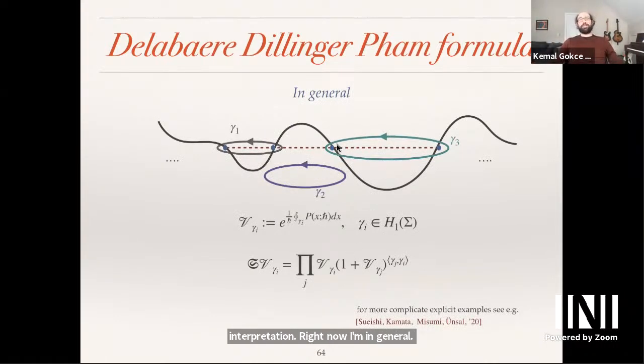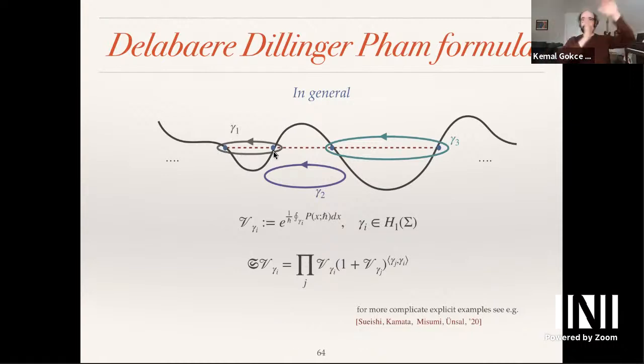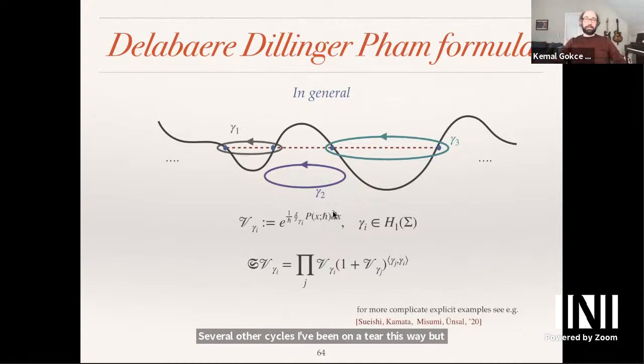In general, I will have many minima and maxima and so on, and different cycles, and it could be the case that a cycle like this might intersect several other cycles. I didn't plot it here this way, but in general it could happen.